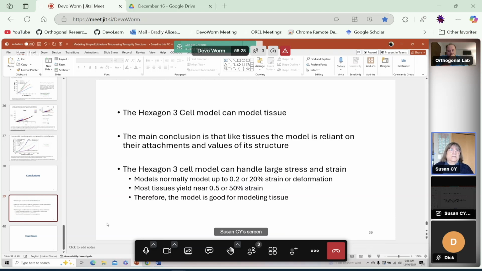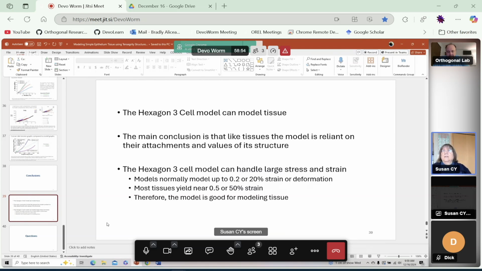If you have the tissue on glass, it'll develop into foam. If you have it on a loose elastic substrate, collagen perhaps, then it'll develop into adipose tissue or something. I have graphs for that.